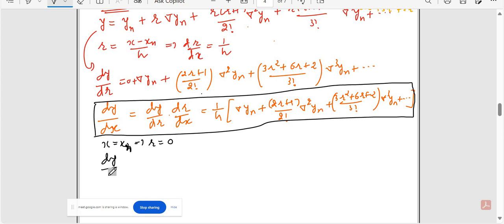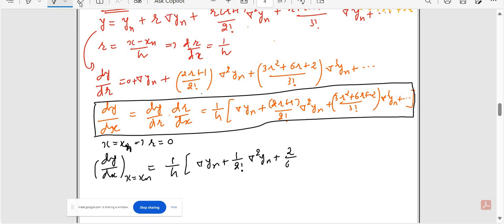So for that we will get dy by dx at x is equal to xn in form of 1 upon h, then Δyn plus r is 0, so 1 by 2 factorial Δ square yn plus 2 by 3 factorial, and here we will get Δ cube yn and continue in this way. Now clear, everybody? Yes. Same idea is there.